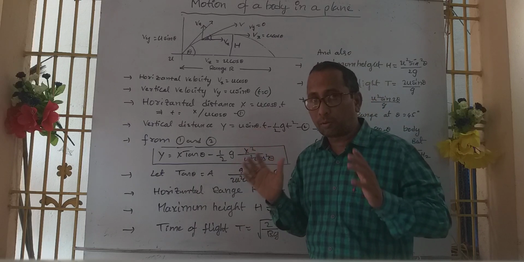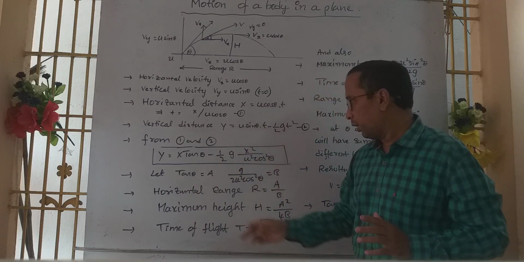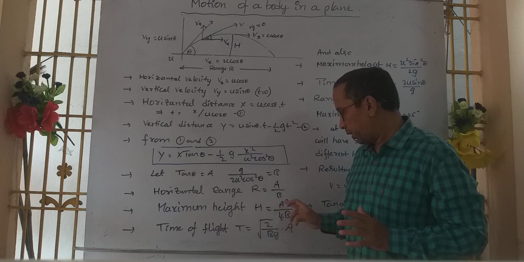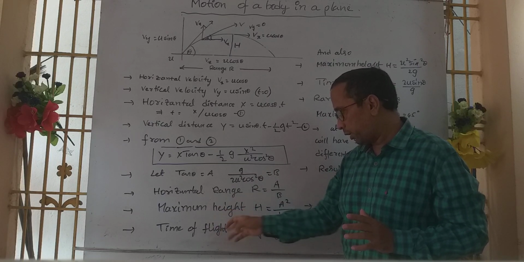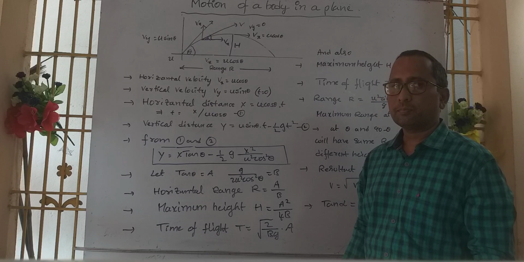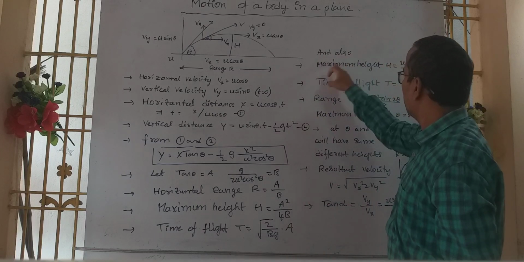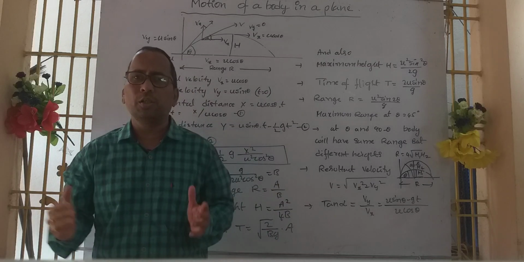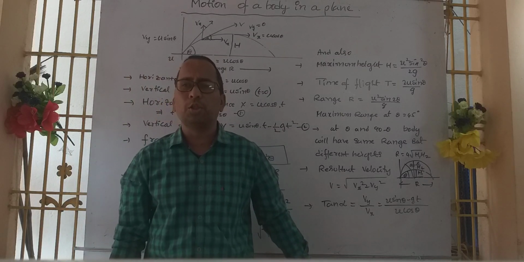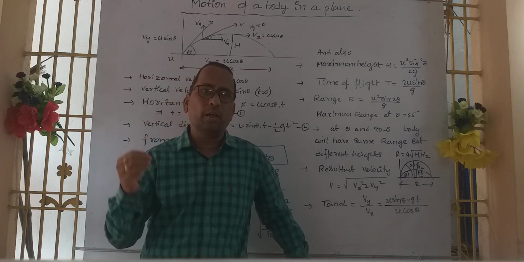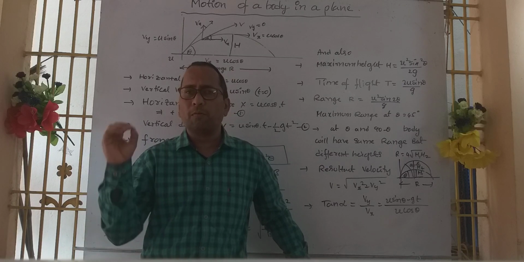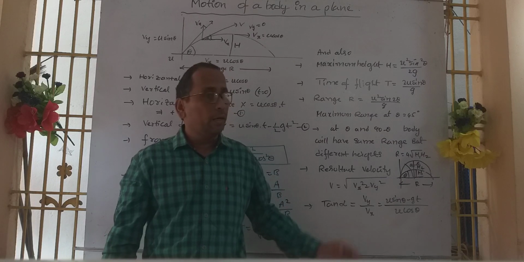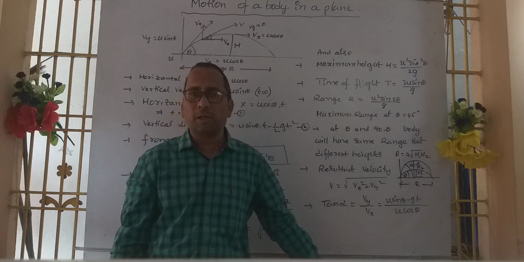But there are some shortcut formulae: range a by b, maximum height a square by 4b, and time of flight like this. Also, there is a formula for maximum height, h is equal to u square sin square theta by 2g. Next, time of flight t is equal to 2u sin theta by g, and range u square sin 2 theta by g.